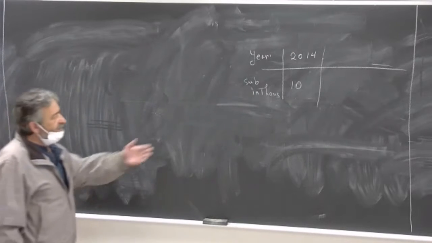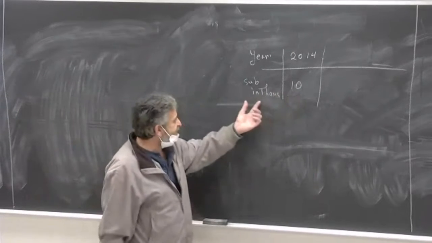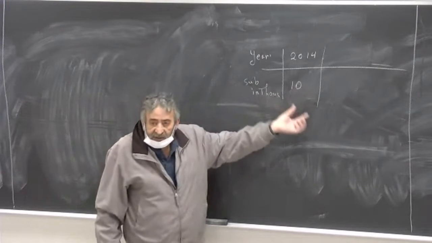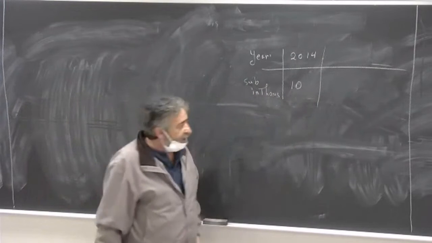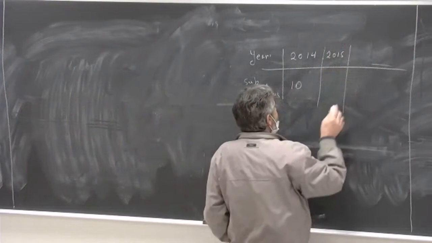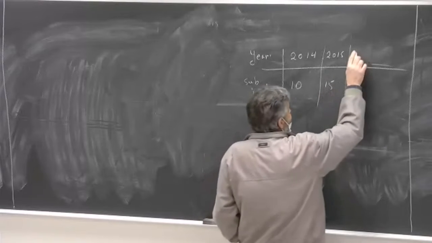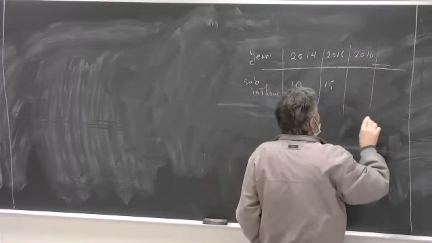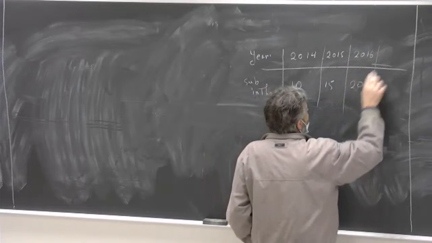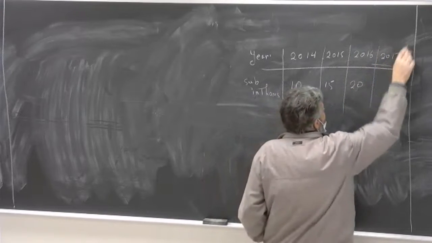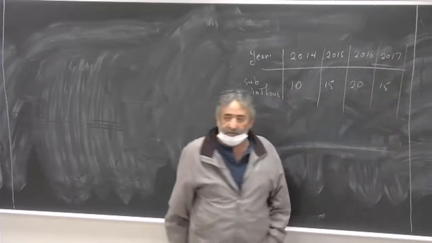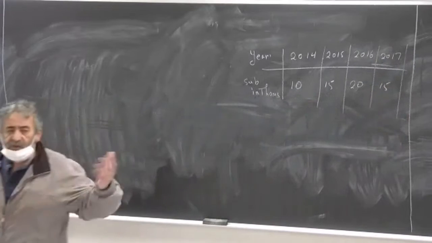Now notice, I didn't have to put 10,000 over here. Why? Because I specified here that the numbers I'm representing are in thousands. Yes? So let's say in the year 2015, they had 15,000. 2016, say they had 20,000. 2017, let's say they had 15,000 again. Of course, we can have a whole lot.